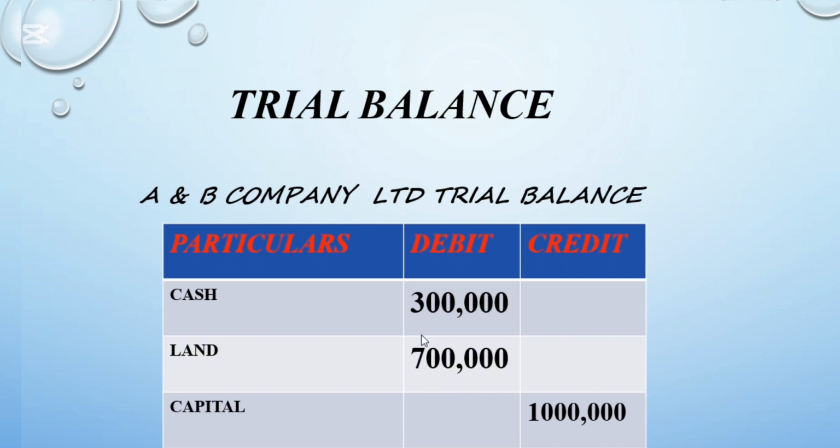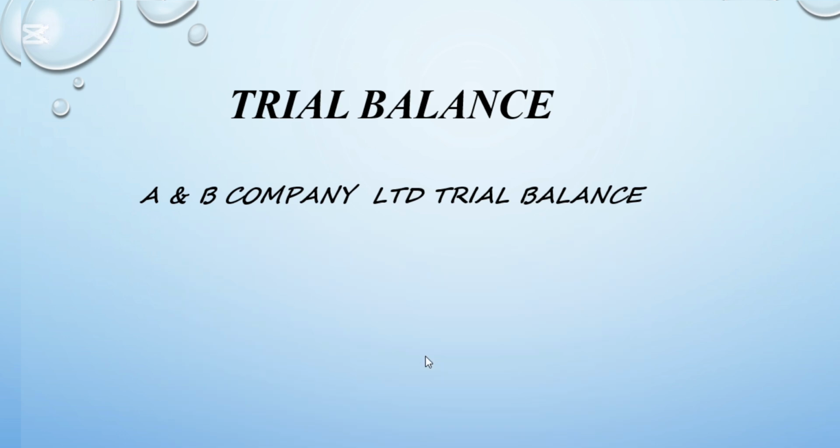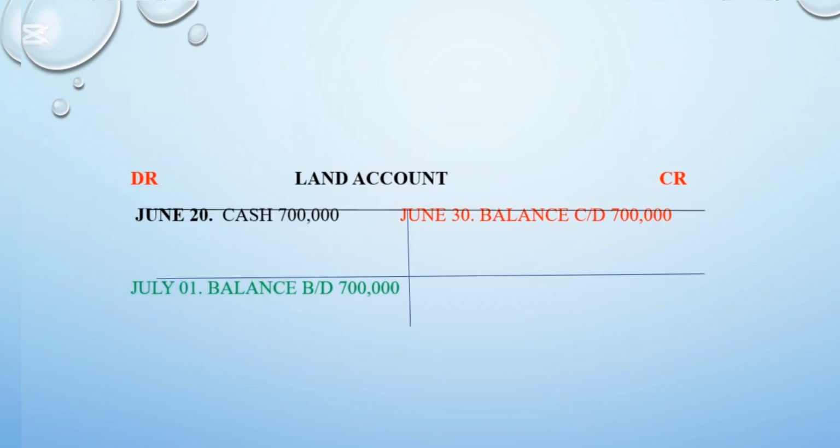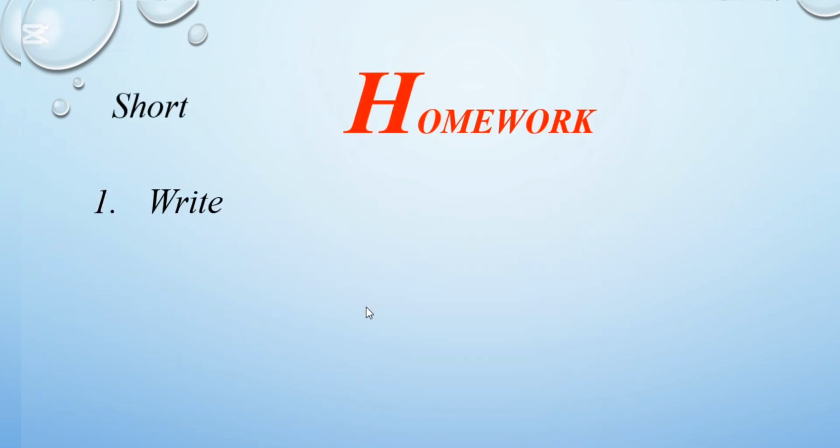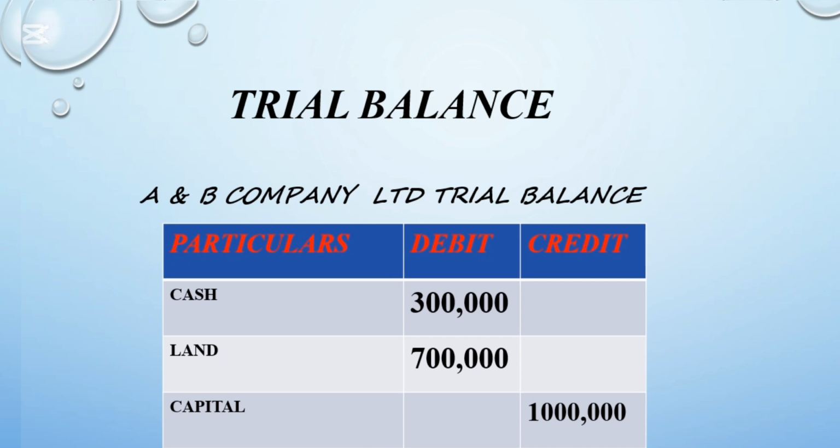Land also has a debit balance brought down, you can see also in the debit side. So we need to transfer the same balance for land, but in the debit side because that is where it is found. So capital.